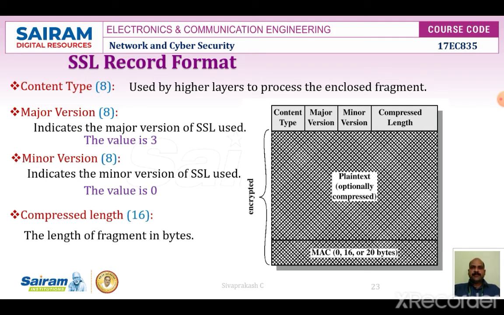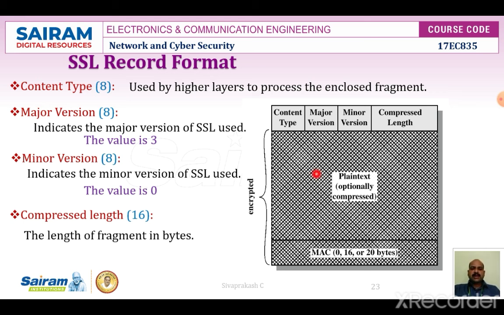The content types that have been defined are change cipher spec, alert protocol, handshake protocol, and application data. The first three are the SSL-specific protocols. The various applications that might use SSL create data that is opaque to SSL, which is shown in this record format.